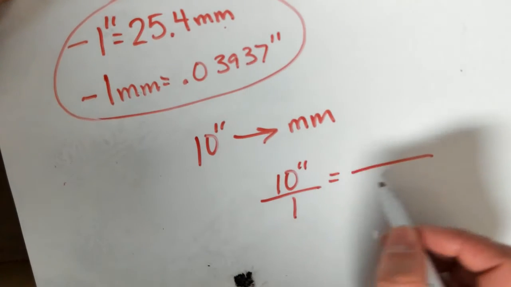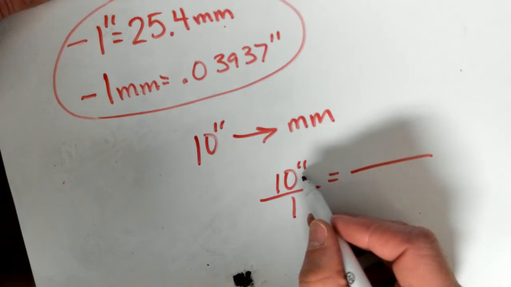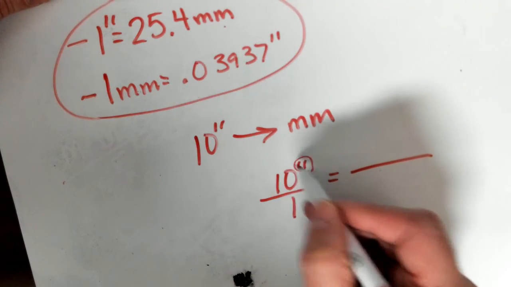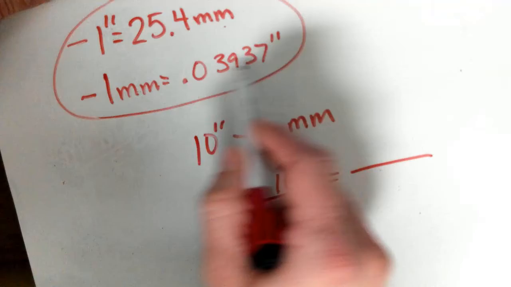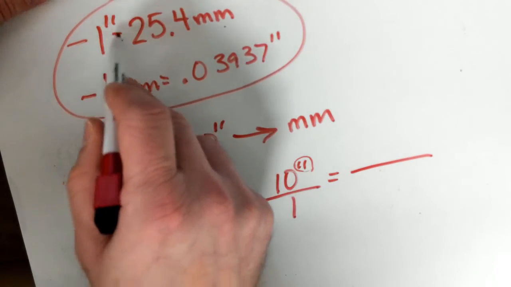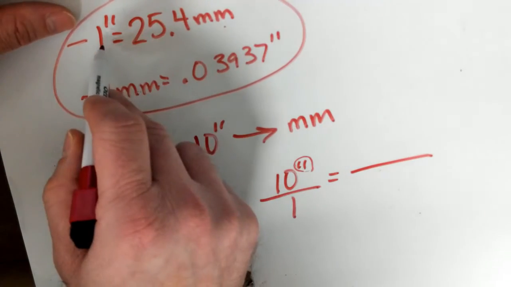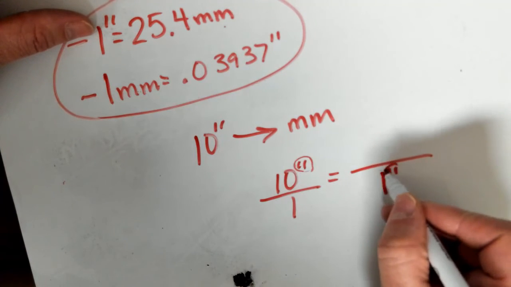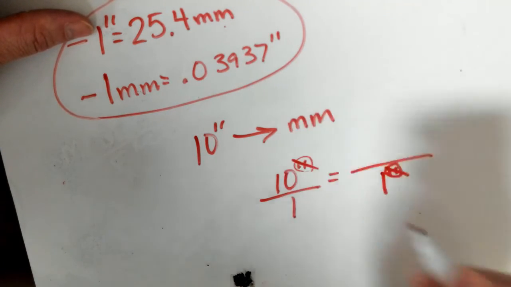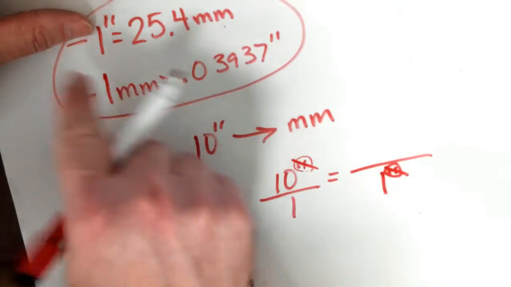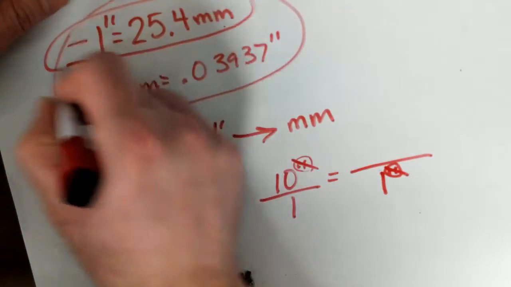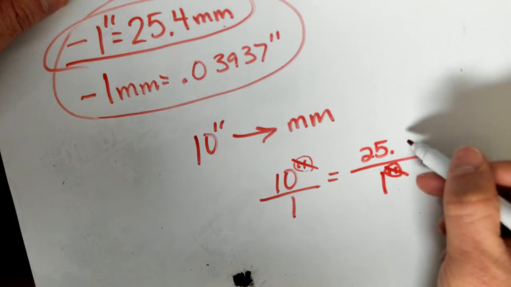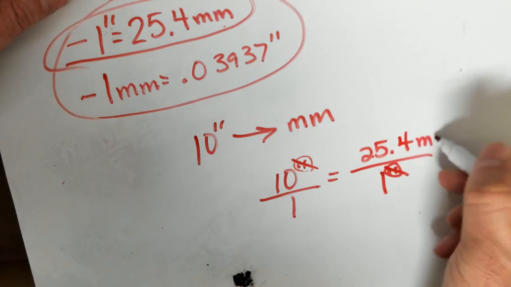So always remember when you're doing this, completely opposite of the unit that you have is where you want to put it in this equation. Like when you're looking at this conversion factor, the 1 inch would go down here because you want those units across from each other so that you can cancel them out. And then what's left over, because we're using this one right here at the top, you put on the other side of it, 25.4 millimeters.